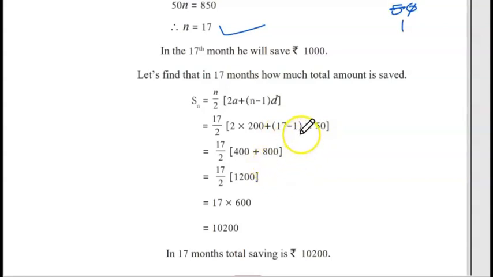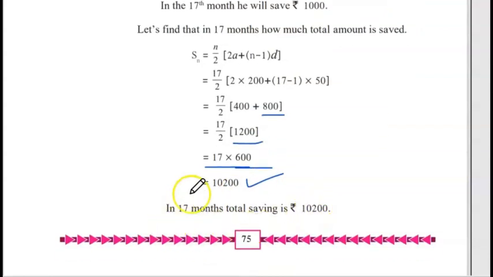And hence their product 16 into 50, किती येणार तर 800 येणार. 800 plus 400, you will get here 1200. 1200 into 17 upon 2. म्हणजे या 2 ने या 1200 ला जर डिवाइड केलं, then you will get here 600. 600 into 17. And hence here you will get 10,200. And therefore in the 17th month total saving is rupees 10,200.